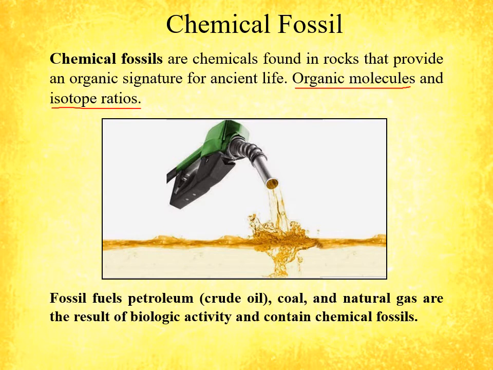A very good example is the fossil fuels, that is the petroleum or coals. The fossil fuels come from the marine planktons or marine organisms, marine animals, whereas coal comes from the plants.